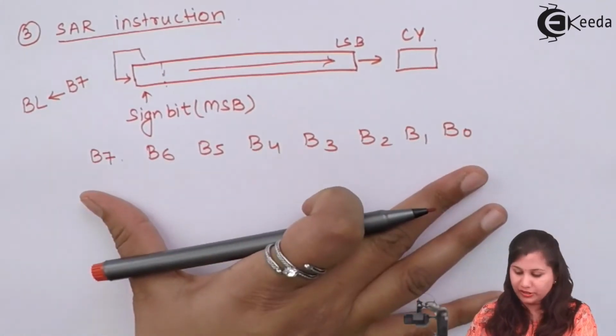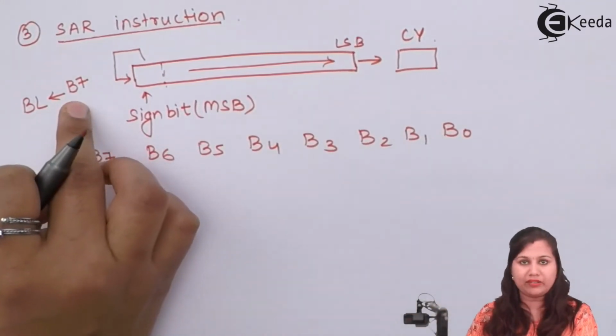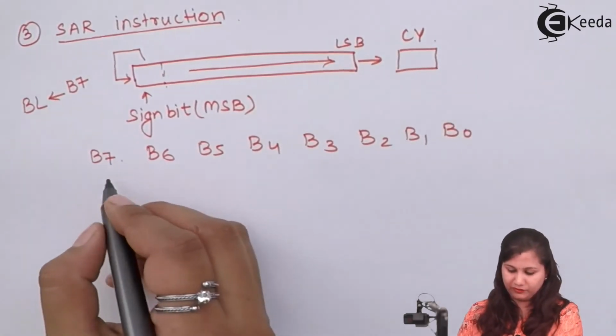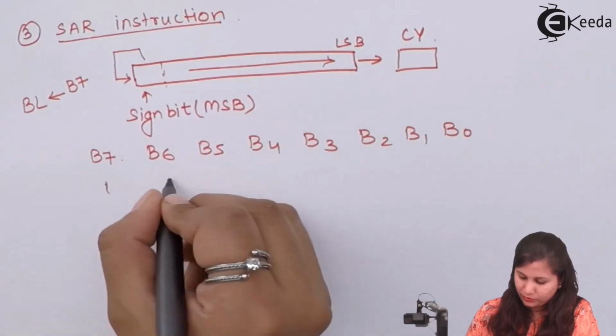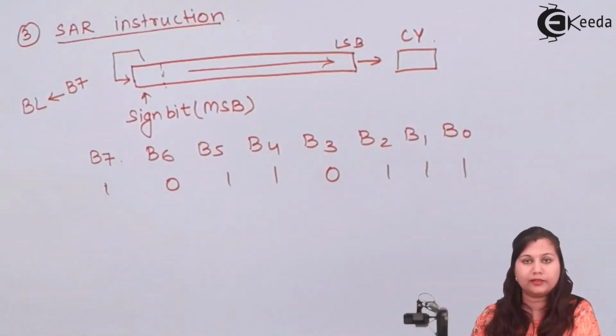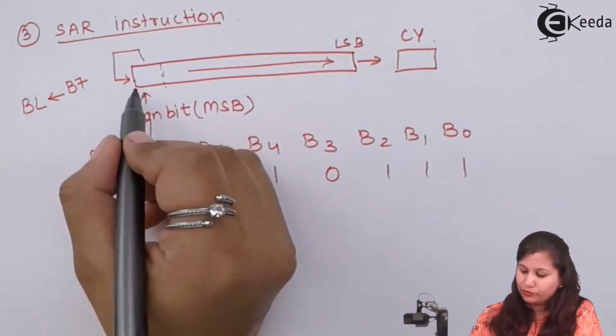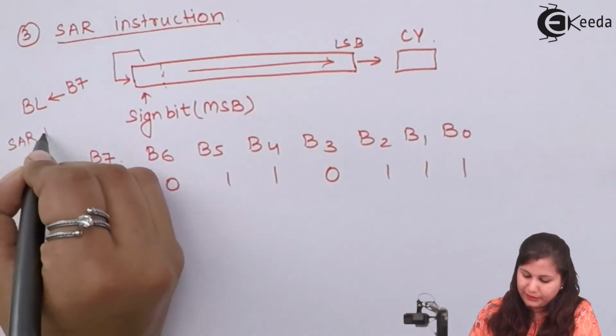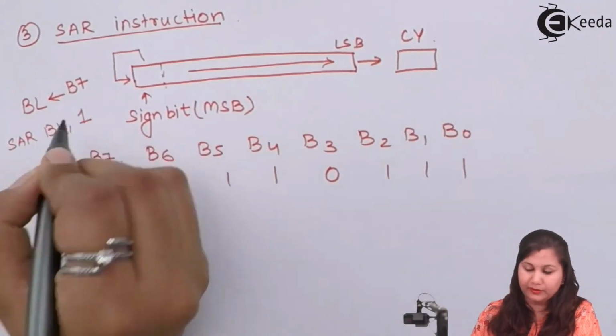This is the BL register. The content is B7, so we will have 1 0 1 1 0 1 1 1. We have to shift it using the instruction SAR BL, 1.